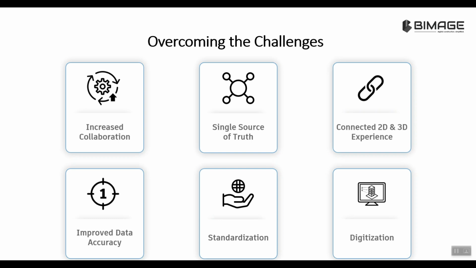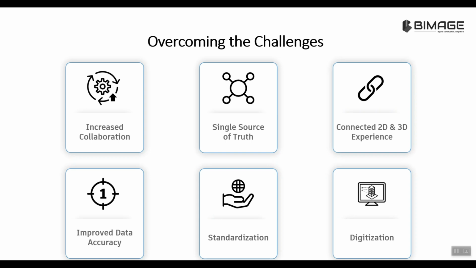And we have a connected 2D and 3D experience. So the platform we are going to discuss in this webinar, that is ACC Docs, is actually a connected platform with respect to 2D and 3D also. We will see that. And improve data accuracy.